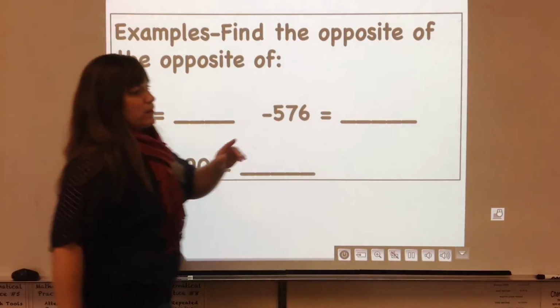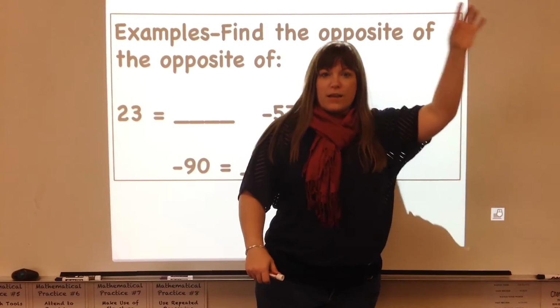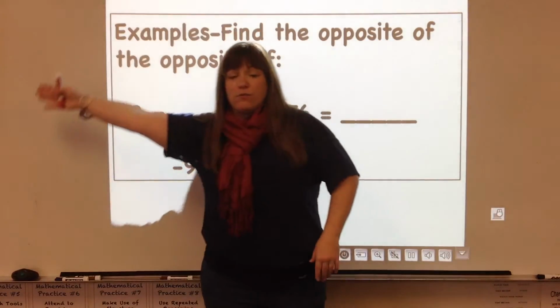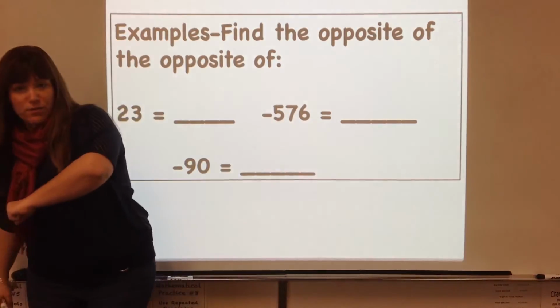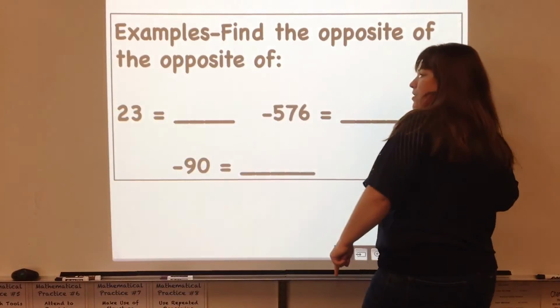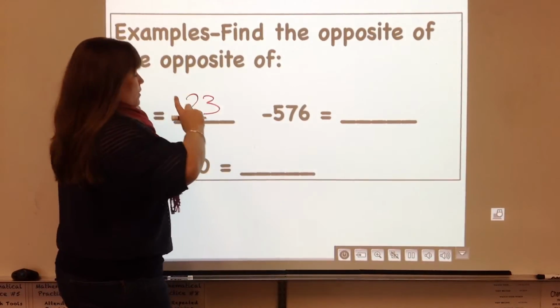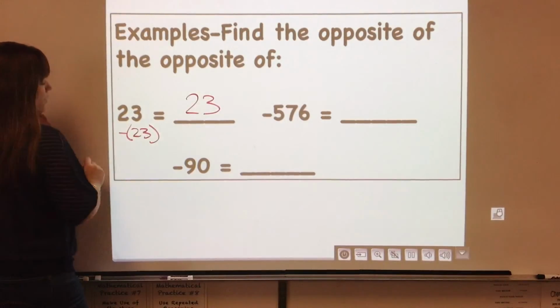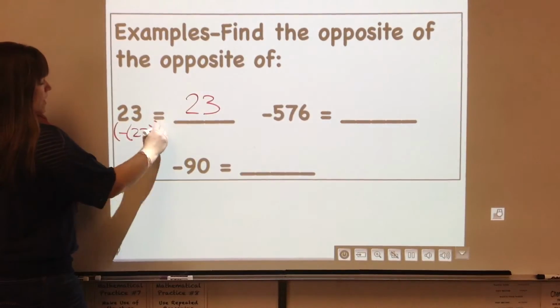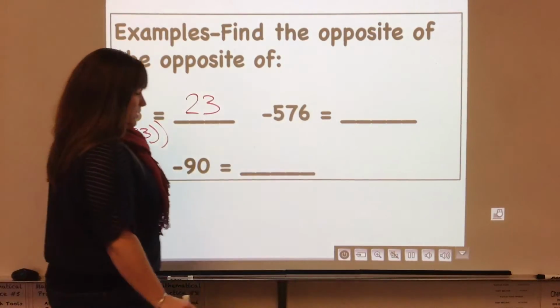If we're at positive 23, I would find the opposite of 23, which is negative 23, and then I'm standing at negative 23. I have to go all the way back to where I started, which is 23. If I were to do the notation, it would be 23 with a negative symbol, and then that whole thing in parentheses with another opposite symbol.